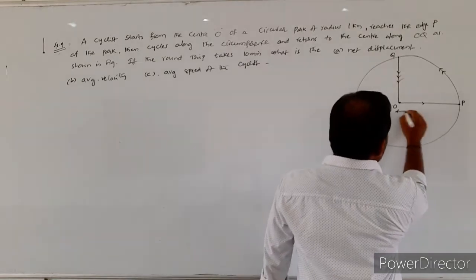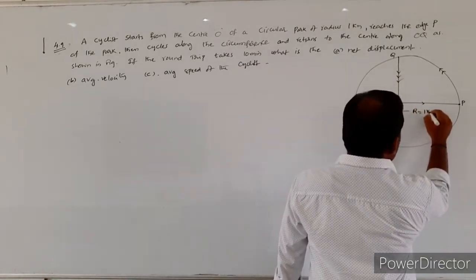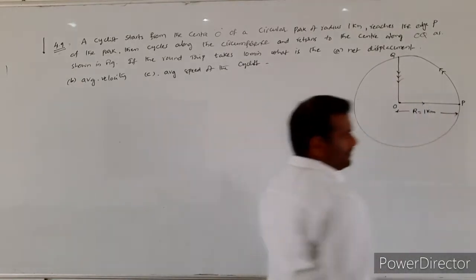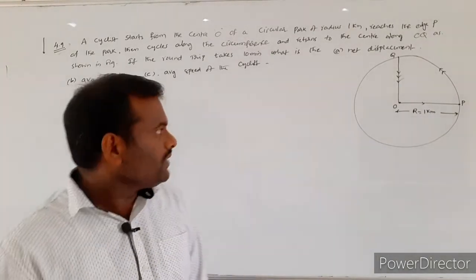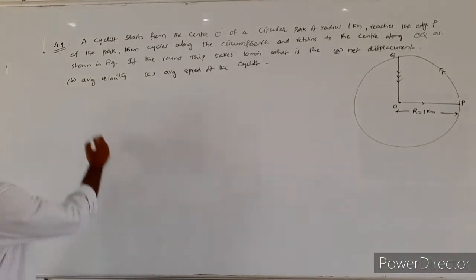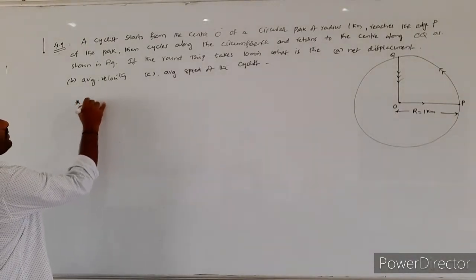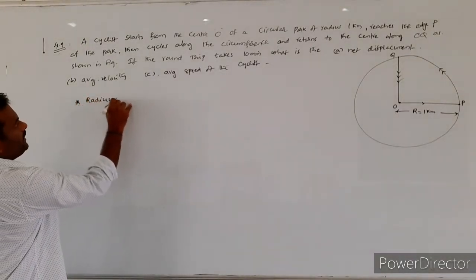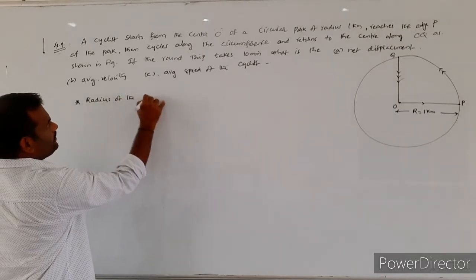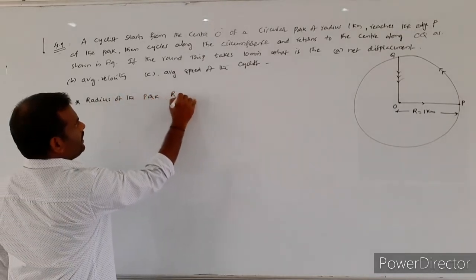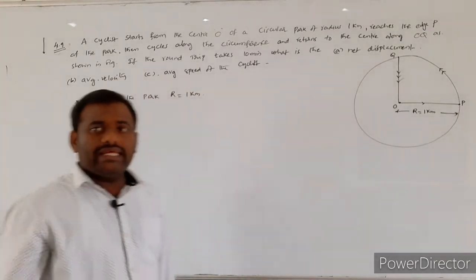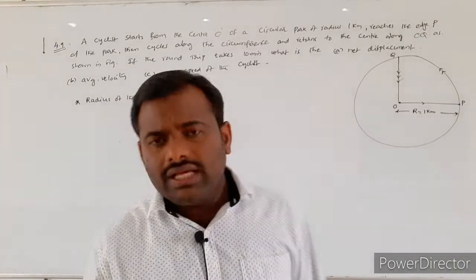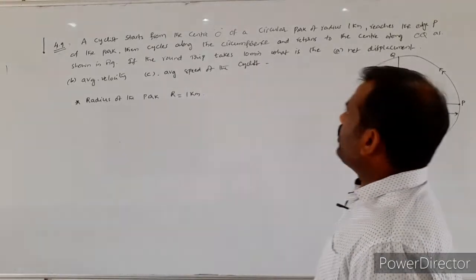They consider one park in the shape of a circle, and the radius of the park, capital R, is 1 kilometer.